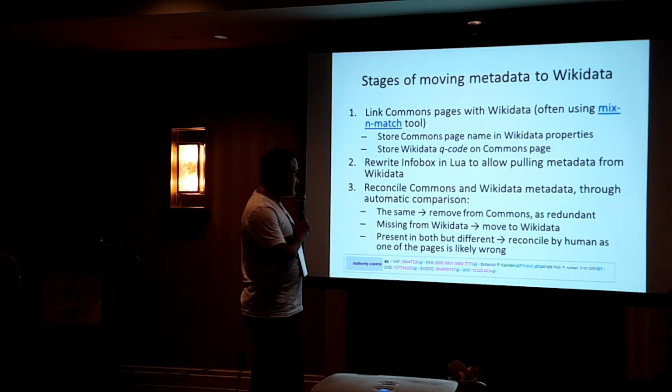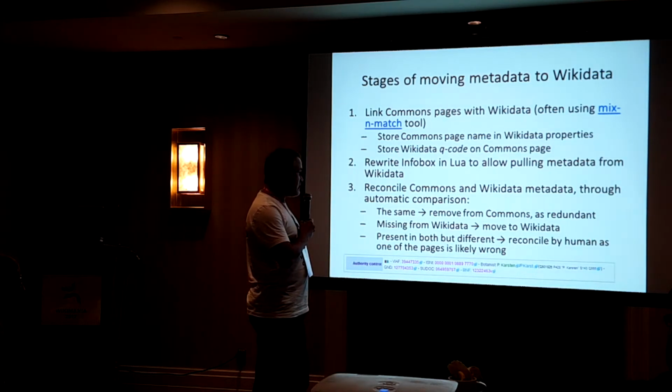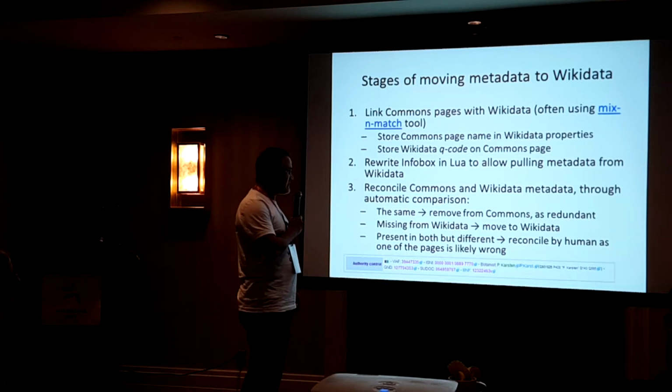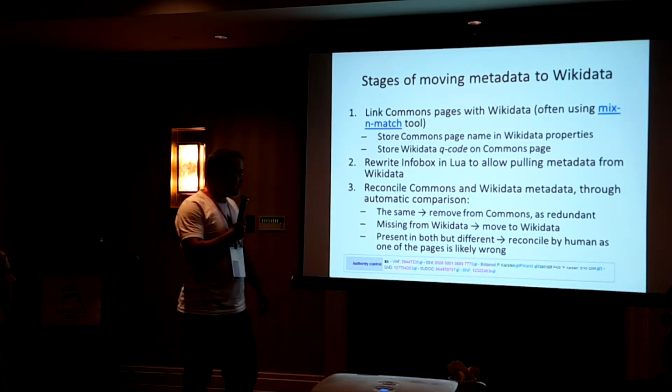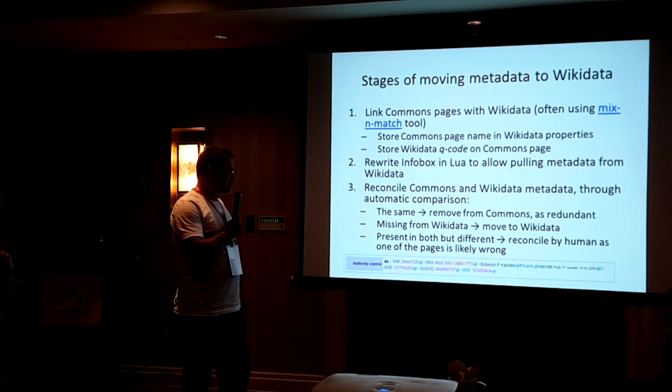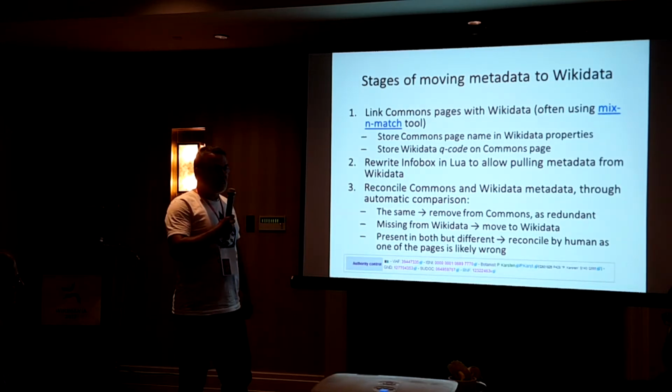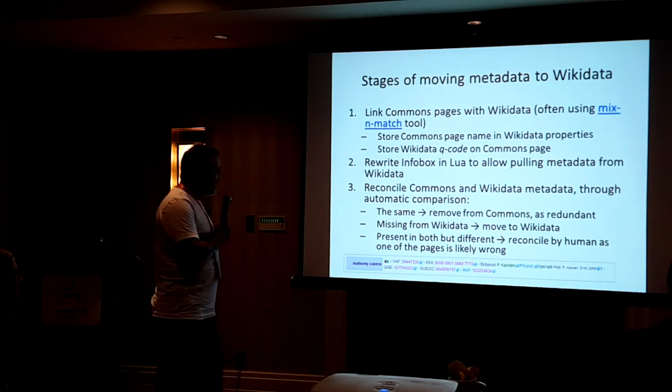And if it's present in both, but different, then humans have to look at it and reconcile. We found places where there was a different gender for some people, and most of the time Commons was wrong, but not always. And gender is something that you don't often see sources for.